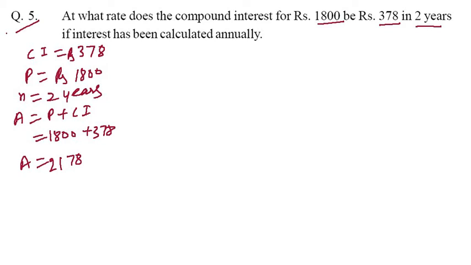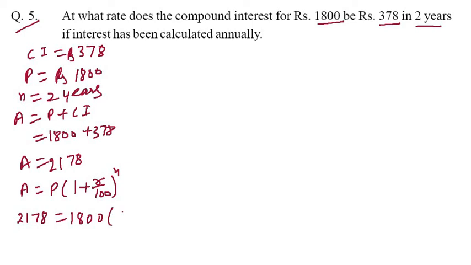Now apply the formula. Applying the formula, the amount will be equal to principal into 1 plus R upon 100 to the power N. So amount is given as 2178 and principal is also given. It is 1800, and 1 plus R upon 100, we don't know R. R is to be calculated.